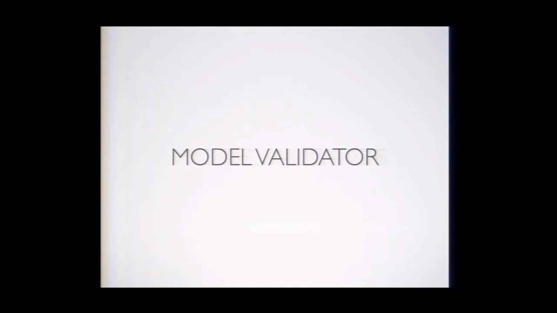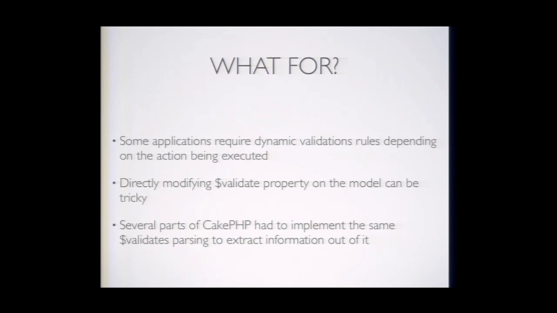And we also have this problem internally inside CakePHP where we had to parse the validation array in multiple places. We had to parse it in the model, we had to parse it in form helper, and those two parsers were different and were not exactly the same, so we had some complications. So we decided to abstract that into objects, and it resulted in being faster too, because we only have to parse validation once.